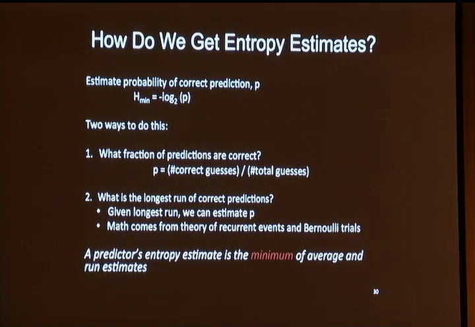So we have predictors. How do we estimate entropy based on the predictors? We try to calculate a p-value, which is the probability of correct predictions. We have two ways to do this. The first one is we look at the samples and the predictions, and we know which ones are correct. After we observe the next value, we know if our prediction is correct or not.